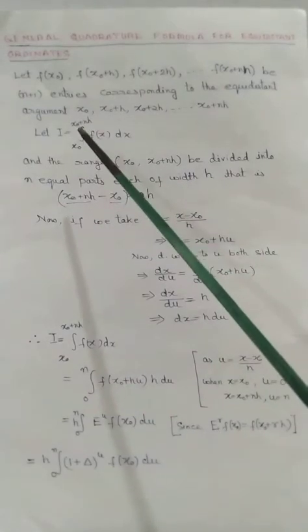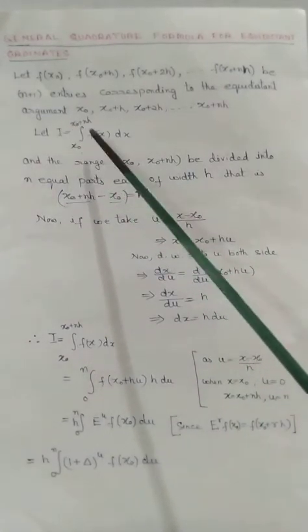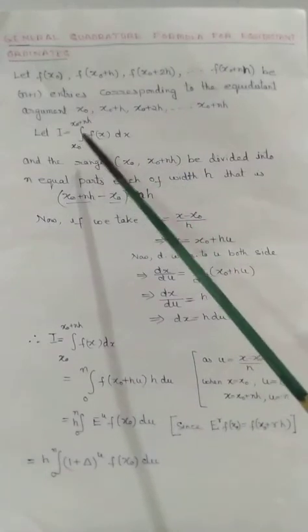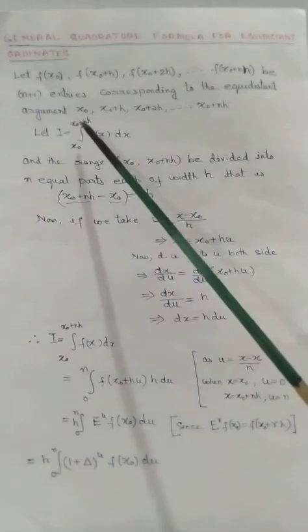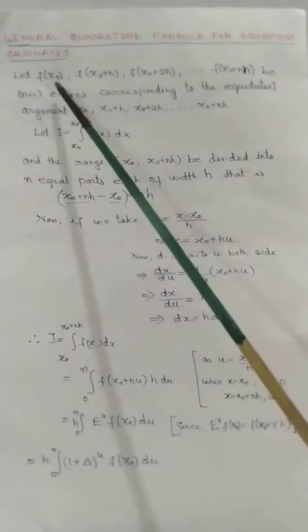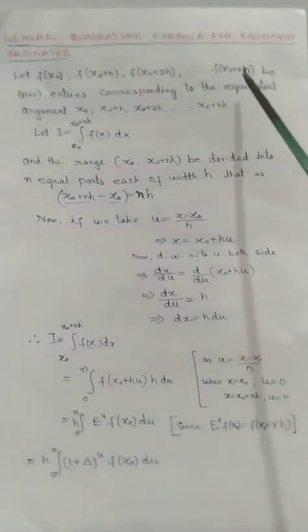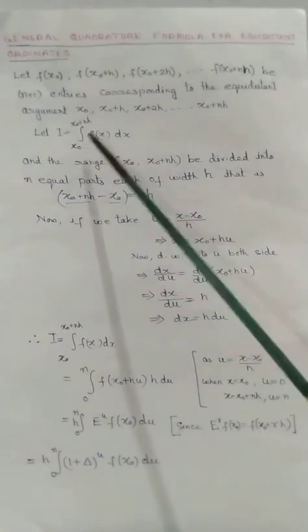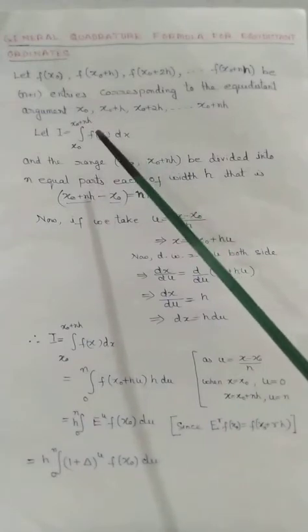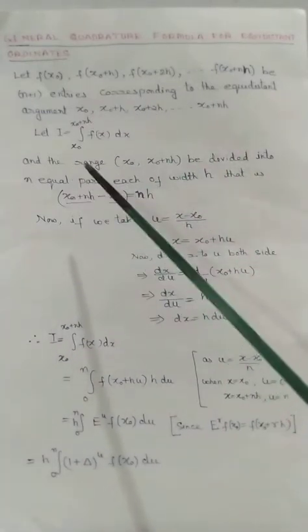So I is the integral from x naught to x naught plus nh. This is the limit. The lower limit is x naught and the upper limit is x naught plus nh, because here the range is x naught to x naught plus nh, of f of x dx.